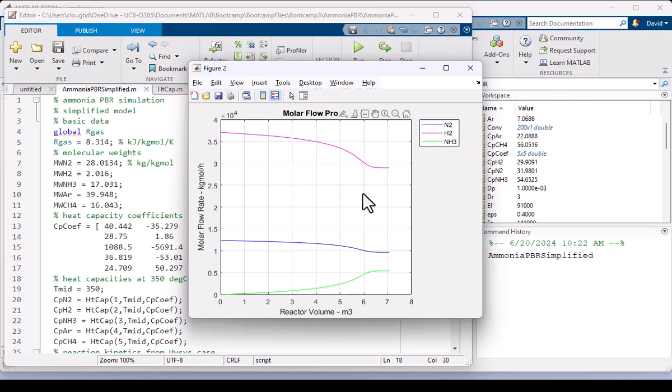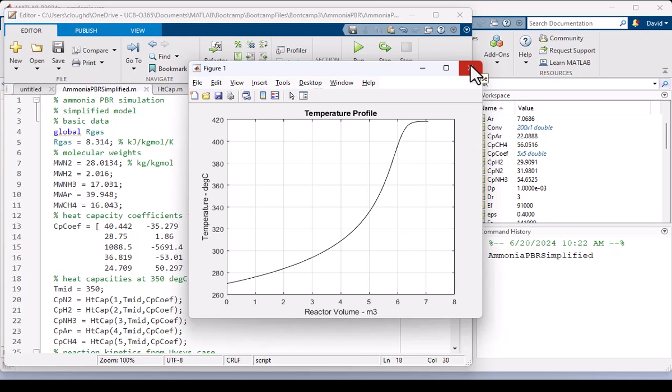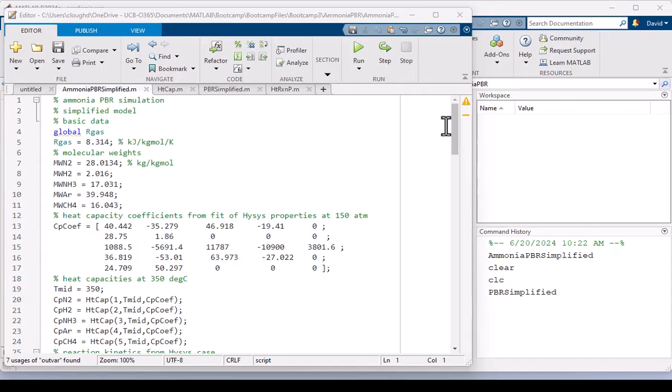That shows you also that the conversion is pretty much stopped by the time we hit about 6.5 cubic meters. And then we have our temperature profile, which shows the exothermic nature of the reaction, where it starts at about 270 degrees C and ends up at about 420 degrees C. So those are the results.